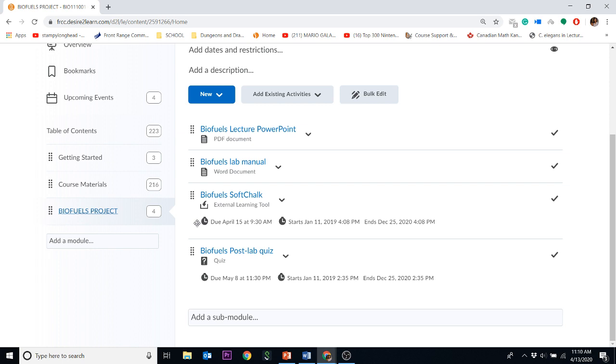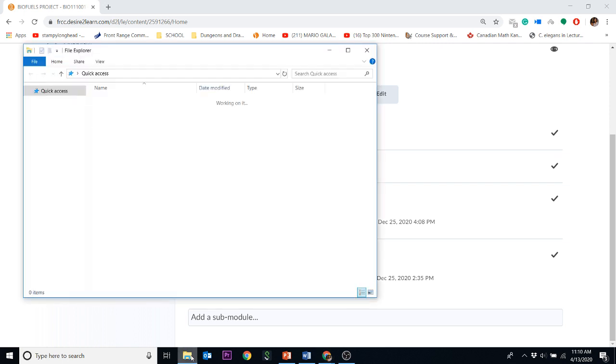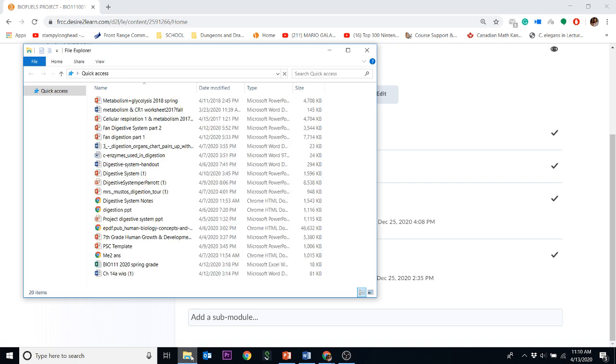Sure, Misty. Let me open up that worksheet. So it's genetic number 2, right? So cellular respiration.